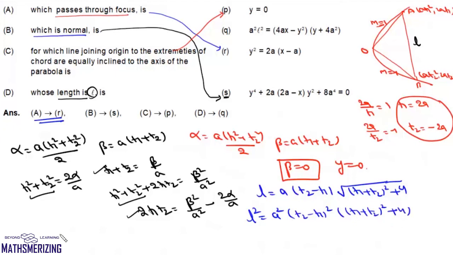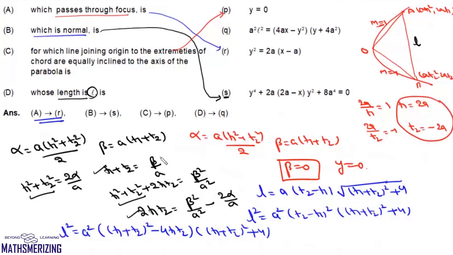So we can write this equation as L square equals a square, and (t1 minus t2) whole square we can write as (t1 plus t2) whole square minus 4 t1 t2, and here it will be (t1 plus t2) whole square plus 4.